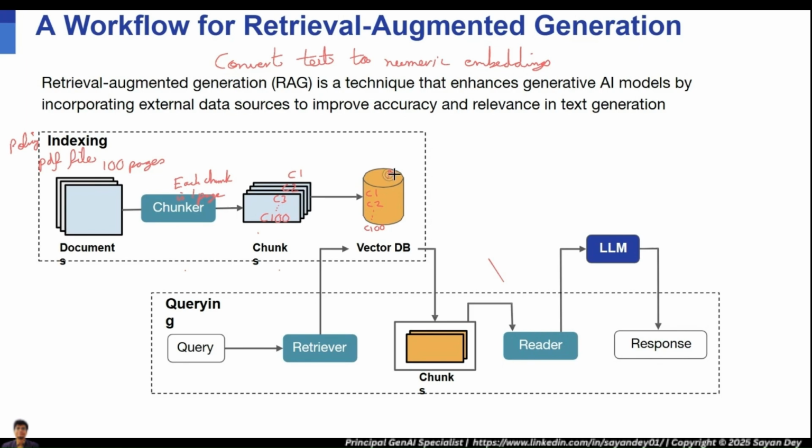I'll give some random numbers, F1, F2. So we are representing every chunk as a vector of two numbers. Let's say chunk 1 is 0.1, 0.2. Chunk 2 is 0.11, 0.22. And chunk 100 is 0.9, 0.8.